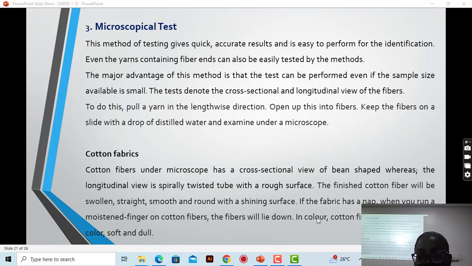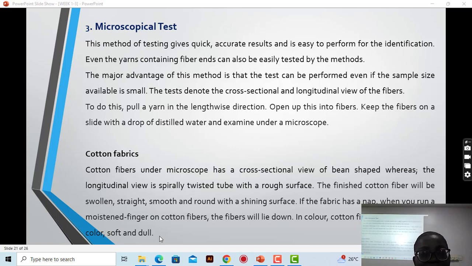In color, cotton fibers will be whiter, soft and dull. So when you are viewing even the color, cotton fiber will look whiter than any fabric that you view under the microscope. Do we get it? Cotton itself naturally is white. You've seen a cotton plant before.